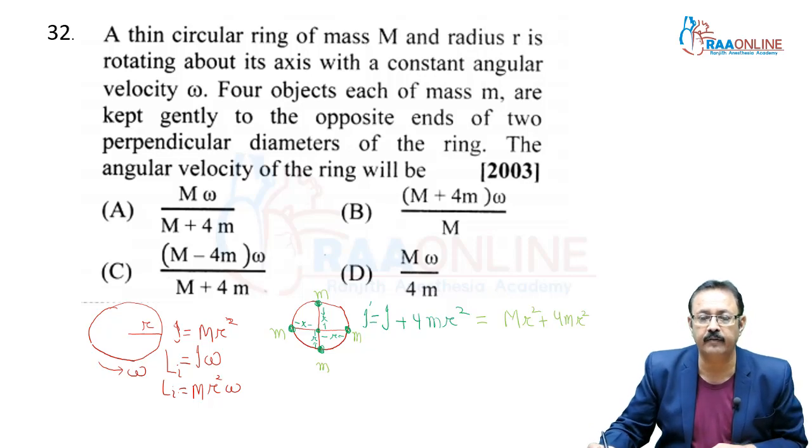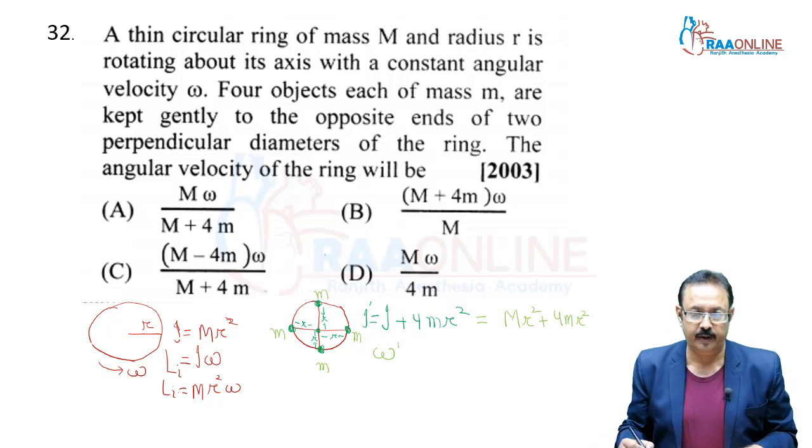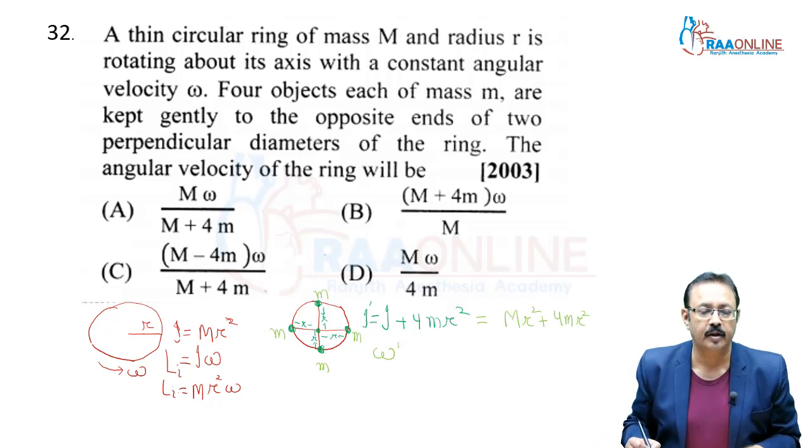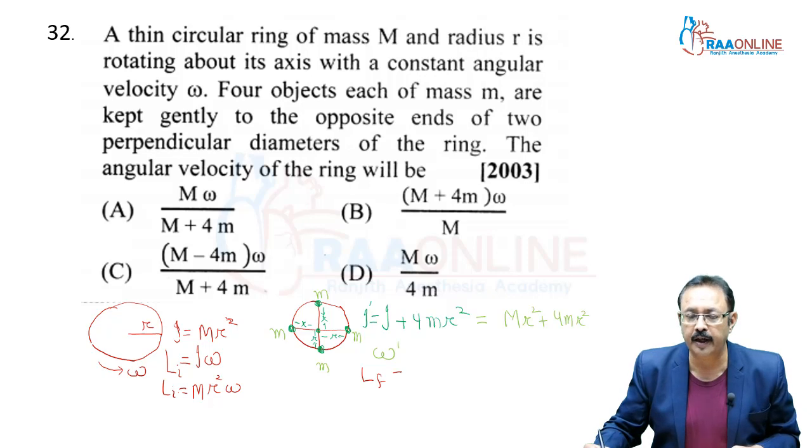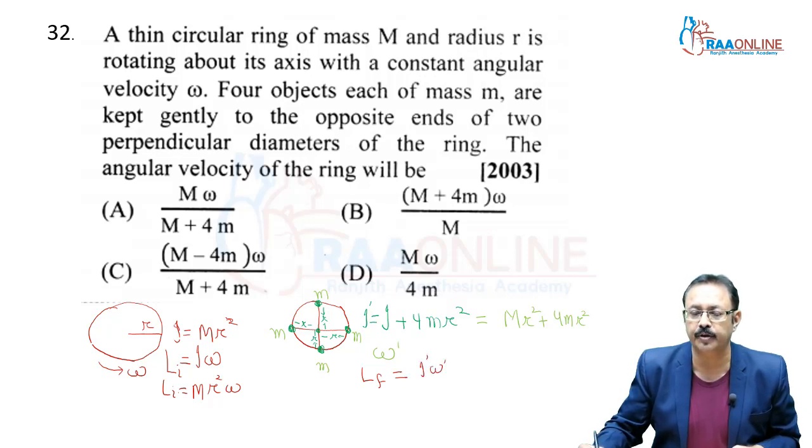So definitely omega will change. Let the new omega be omega dash. So the new angular momentum, meaning the final angular momentum, should be I dash omega dash.